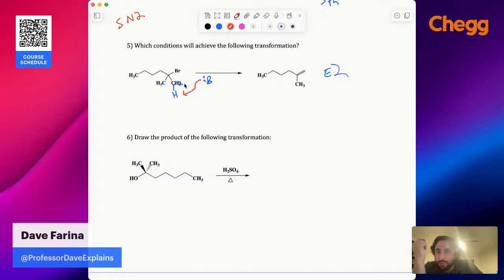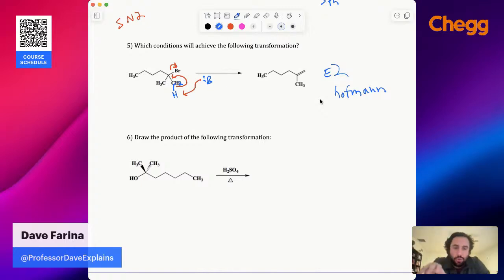Clearly, a base got one of these protons on one of the methyl groups, and got the double bond right there and kicked off that group there. So that's why we have a double bond on this terminus instead of internal. It did not get one of the protons there. So this means this is a Hoffman product. So something did Hoffman elimination.